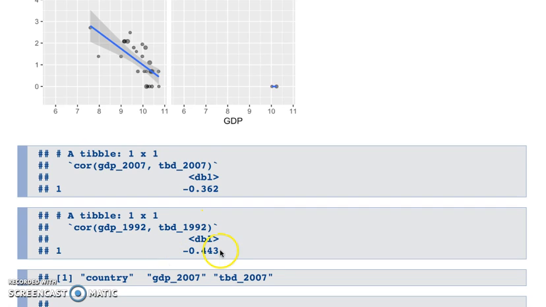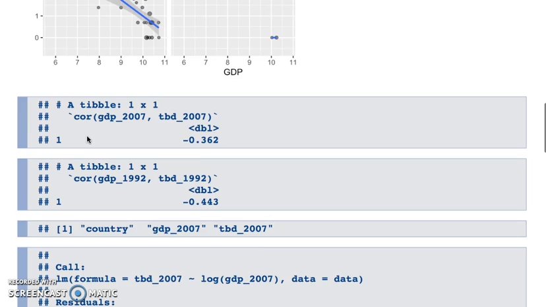This is compared to 1992, which is negative 0.443, which is more of a moderate negative correlation. This shows us that in 1992, GDP more strongly influenced the rate of death from tuberculosis.